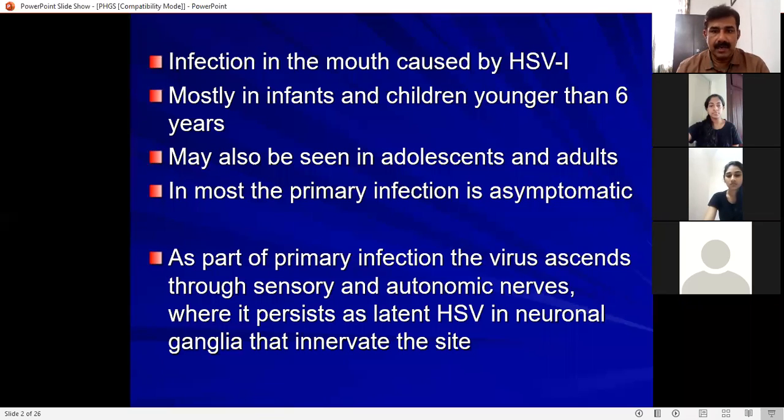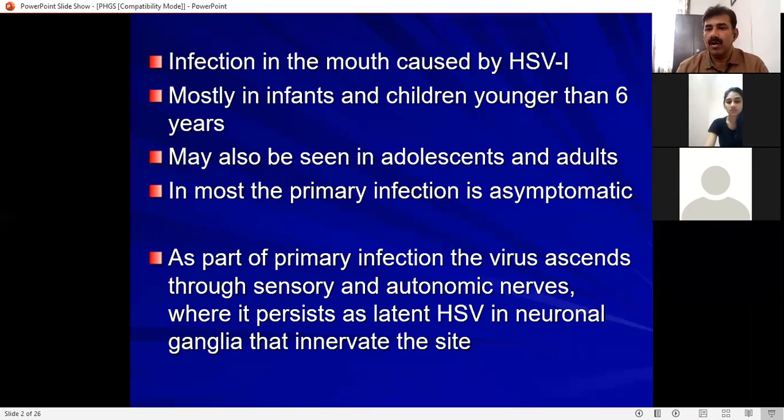But that doesn't mean that it occurs only in young children. Later in life, in adolescence or adult life also, this occurs. But when it occurs in adults or adolescents, usually the primary infection was an asymptomatic one. So as a child, this infection would have occurred, but it would have been asymptomatic.